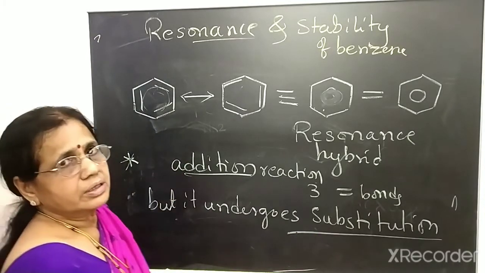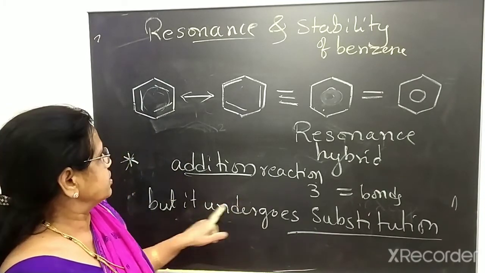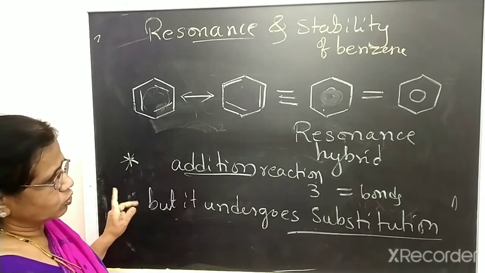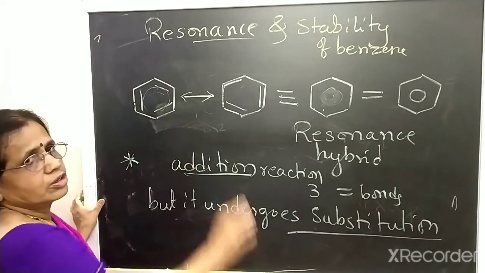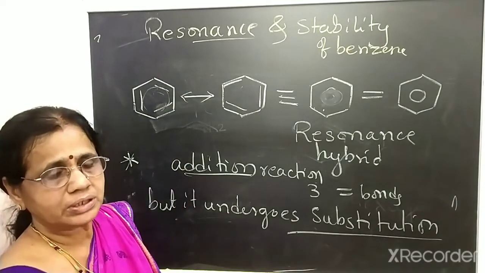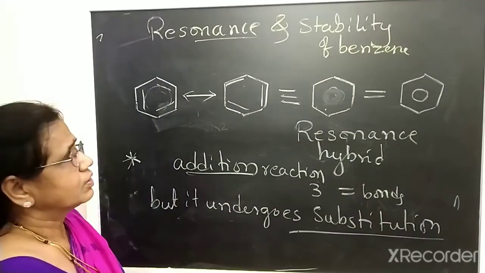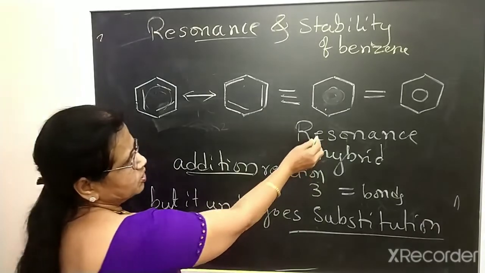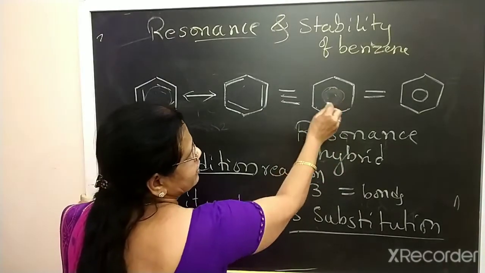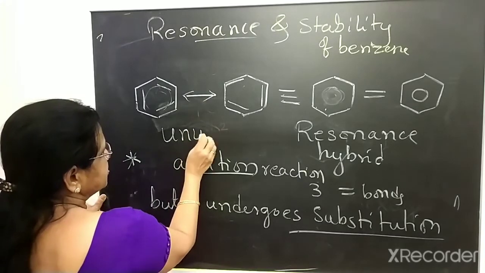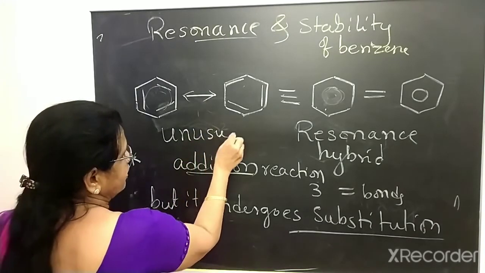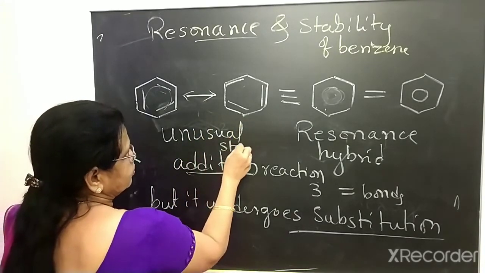This limitation was overcome by the molecular orbital theory. I told you, due to the resonance hybrid it is stable, but it is highly stable. Benzene has unusual, high stability.